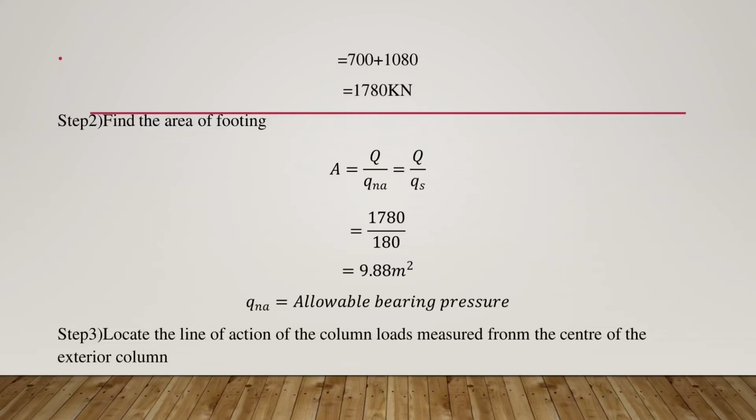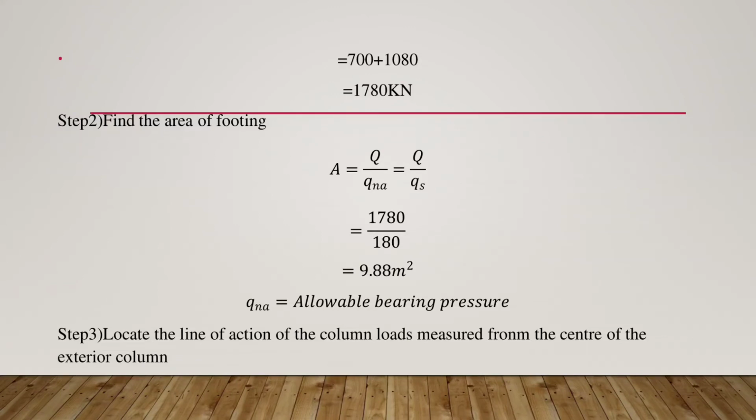Second step is to find the area of the footing, that is capital A equal to capital Q divided by qna. Capital Q is 1780 divided by qna, the allowable bearing pressure for dead load plus reduced live load condition, that is 180, which is equal to 9.88 meters square.